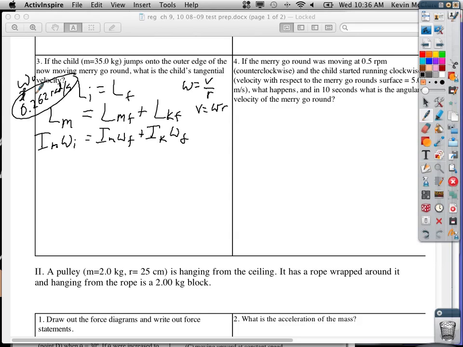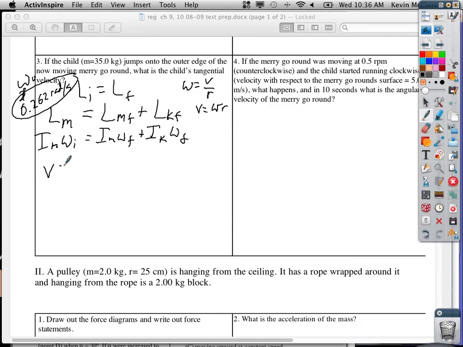So that's why the 0.262 is after part B. Now it's spinning at 0.262 radians per second. That's the initial. Now the kid's going to jump on. And when we find the final angular velocity, all we have to do is multiply it by r, and we'll get v.